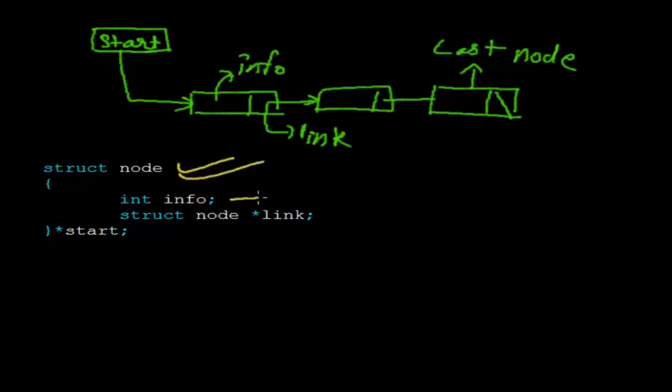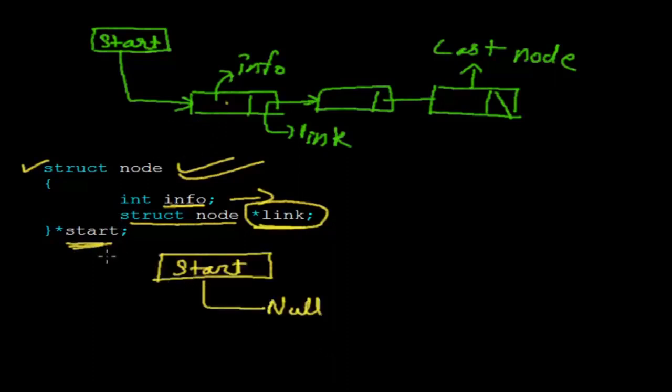In this structure we have an info part which will store the information of a particular node, and the link part of a node is of struct type, as the link is for a node and node is represented by this structure, so we are declaring it as struct node star link. It means the address inside this variable will be of type node, and this is the global variable start which will always point to the first node in the linked list.